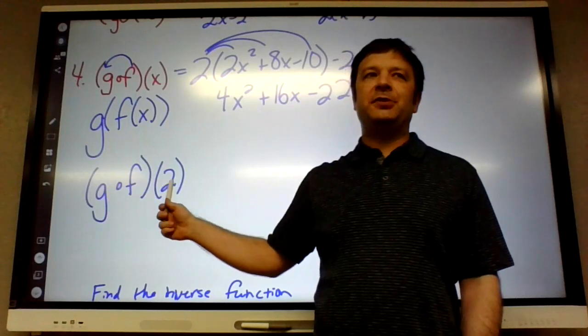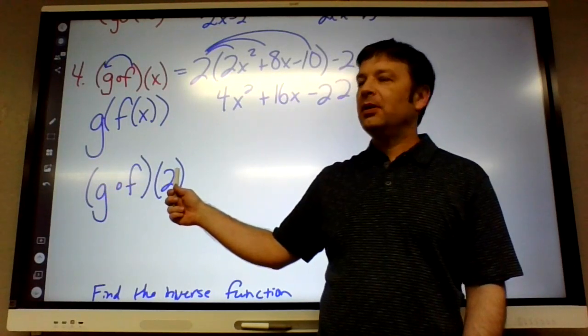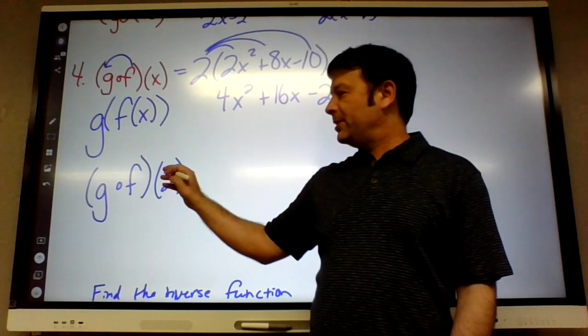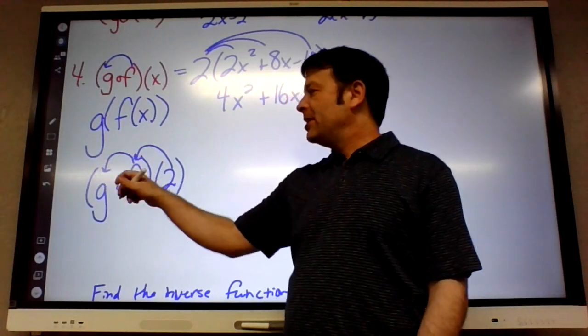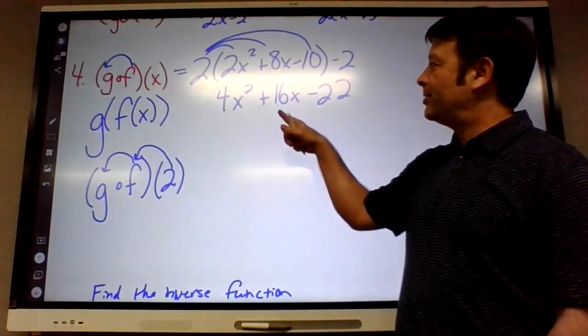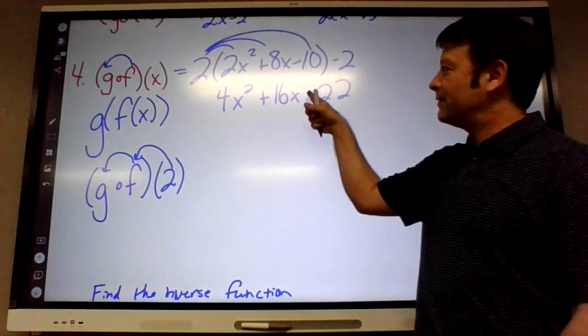Okay, how about this? G of f of 2. What's different about this one? Okay, 2 in for x in the f function. You can put 2 into the f function, and whatever that is, you put it into the g function. This one will actually have a number answer instead of an x squared answer. When they just have x's, you just have x as the answer.